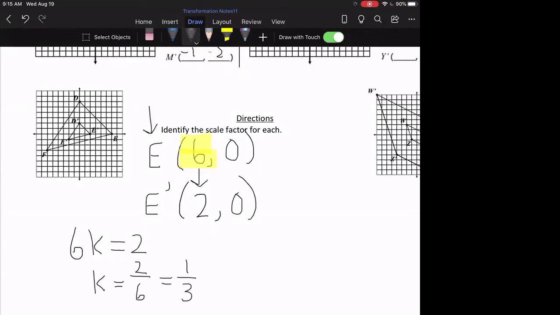To double check that this makes sense, we can see that the pre-image is triangle DEF, and that is bigger. So the image gets smaller, so it would make sense that k would be less than 1. You can look at one point to identify the scale factor for this one.